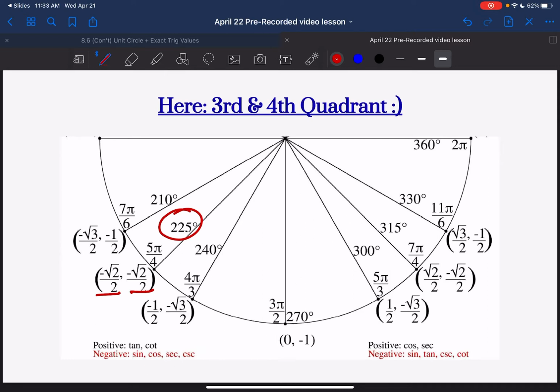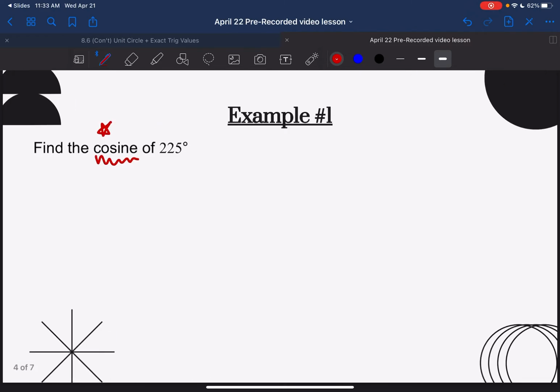So cosine of 225 is negative square root of 2 over 2, and sine is also the same number, negative square root of 2 over 2. So going back to example number 1, we are finding cosine of 225, which is negative square root of 2 over 2. That's it. Done. So easy, right?